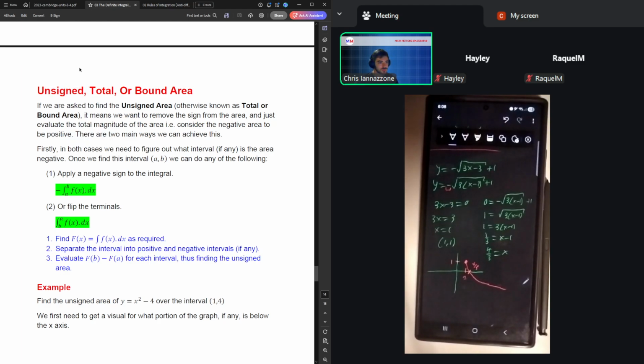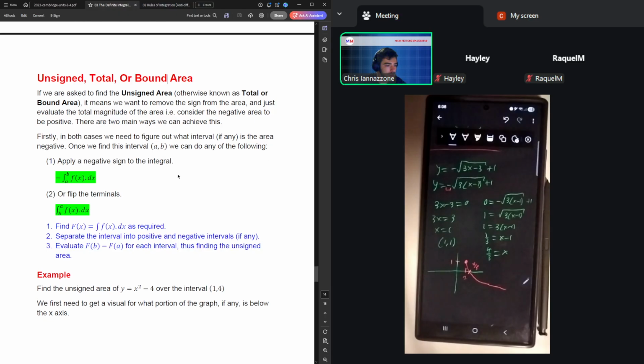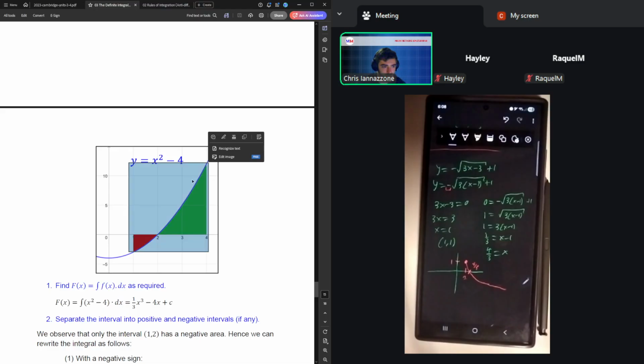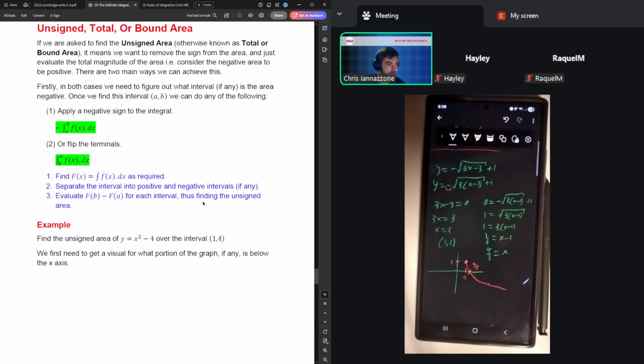Unsigned, right? There's no sign, positive or negative, associated with it. That poses a problem because just doing a definite integral, by its very nature, treats things as signed. So we need to figure out a way to get around that.